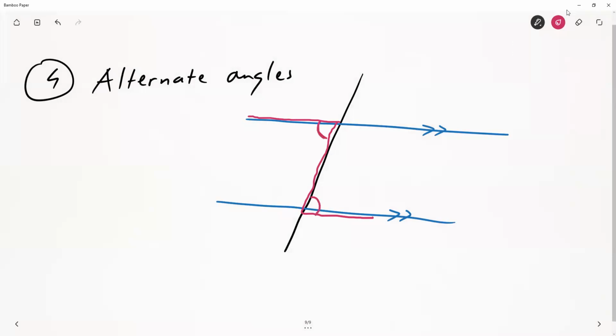So they are alternating angles and they are equal. So if this is X, this is also X. For example, if this is, let's say, 60 degrees, this is also 60 degrees, yes? Because they are alternate angles. They are making letter Z like this.